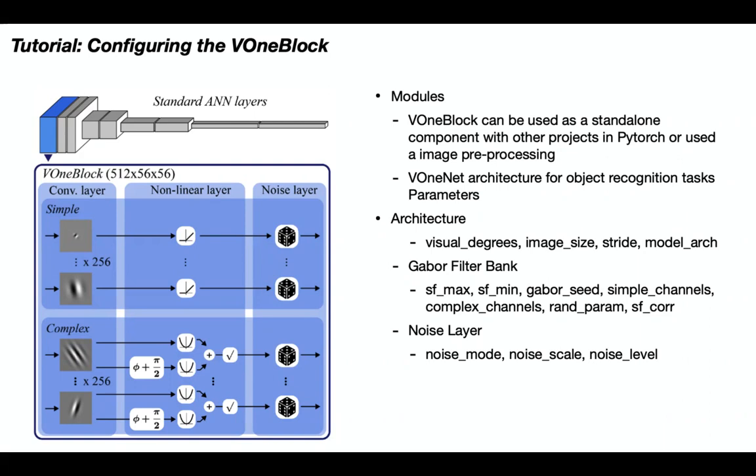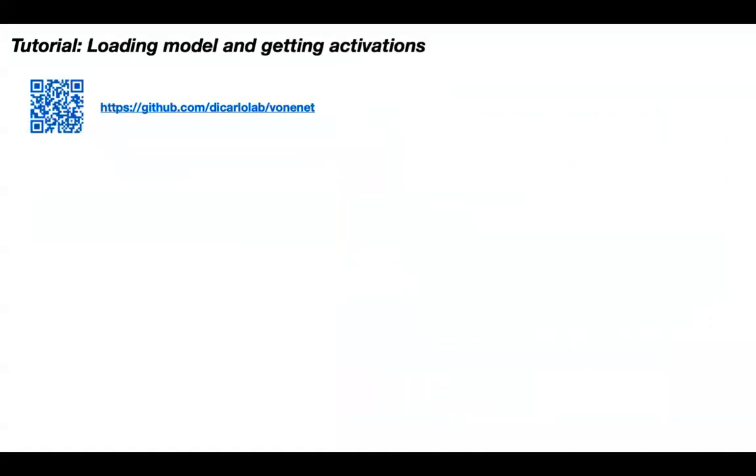If you don't want stochasticity, you can use a deterministic model, and you just set the noise mode to none. And then there are other parameters to scale the range of activations and also to constrain the size of the view of the Gabor filter bank kernels. Again, depending on your projects, if you want some help, you can ask me how to estimate these parameters.